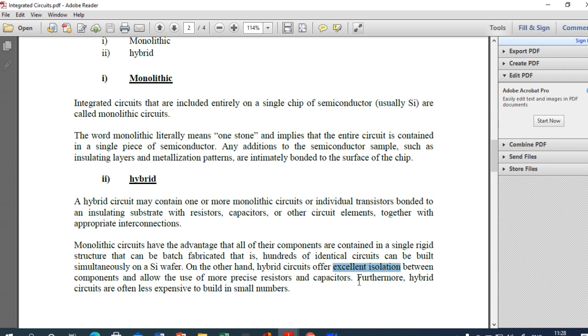Some circuits require such passive components, so hybrid technology allows the designer to use a particular selected range of resistors and capacitors to build hybrid circuits. Furthermore, hybrid circuits are often less expensive to build in small numbers. If I want to build only 10 to 100 hybrid integrated circuits, it will be less expensive compared with monolithic circuits.